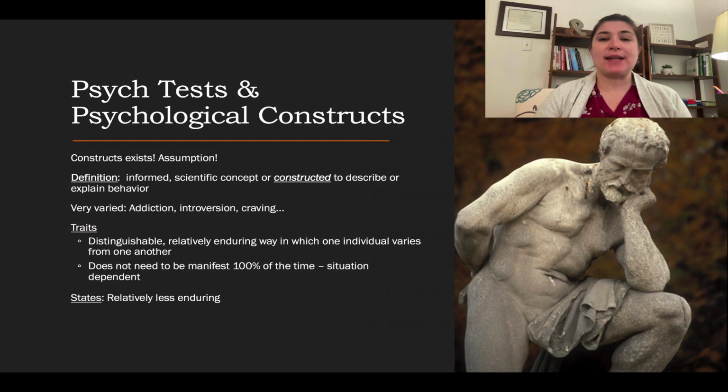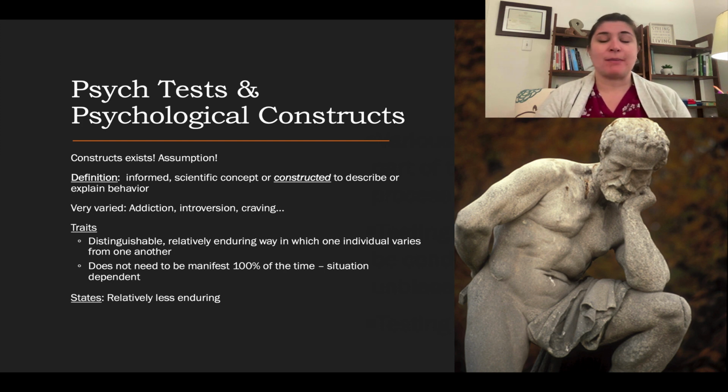When it comes to psychological tests and psychological constructs, remember the assumption that constructs exist. The definition is an informed scientific concept or construct used to describe or explain a specific behavior. They do tend to vary. There can be constructs of addiction, or constructs of introversion versus extroversion.